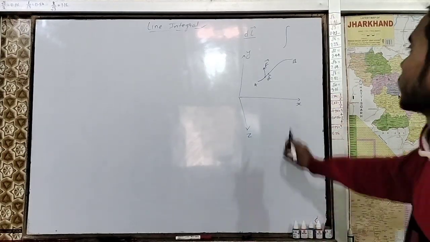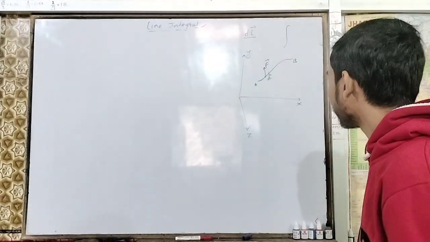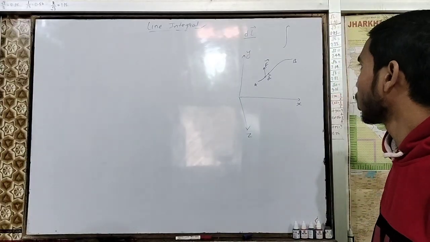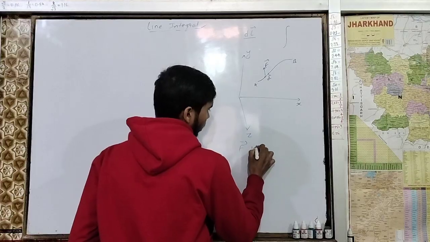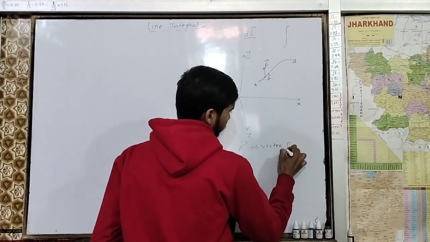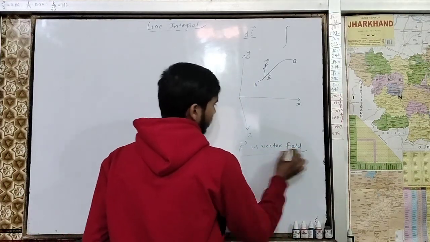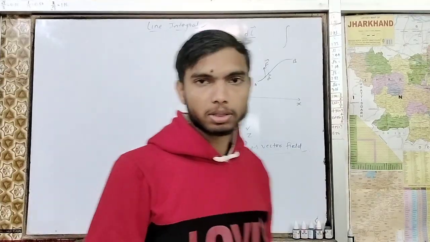So you saw that F is a vector quantity, because the symbol was used.